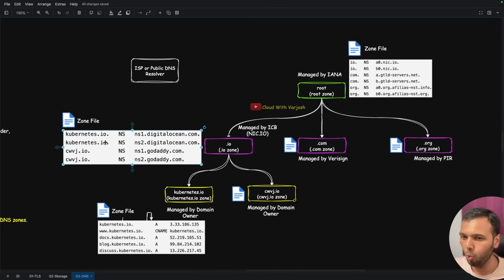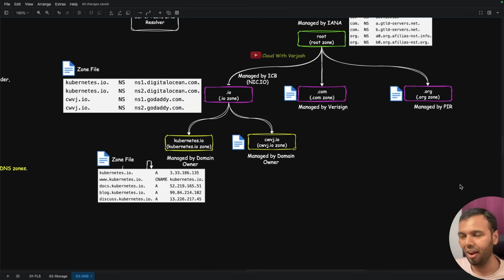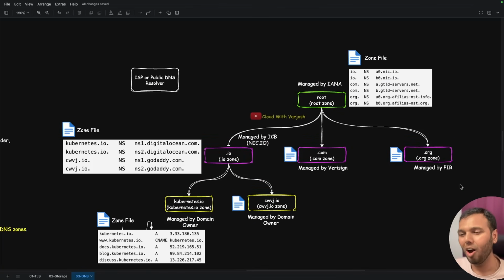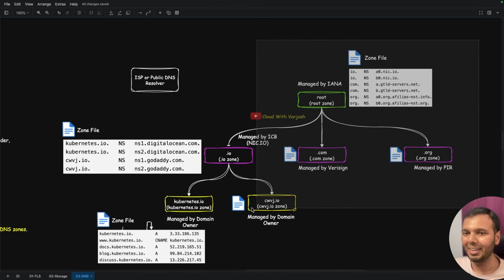You do not have to worry about that. You just have to worry about your zone file, your website's zone file. If I register cloudwithvarjosh.io, then I will care about my zone file. These zone files I do not have to care about, because there are organizations that are already responsible for maintaining them.